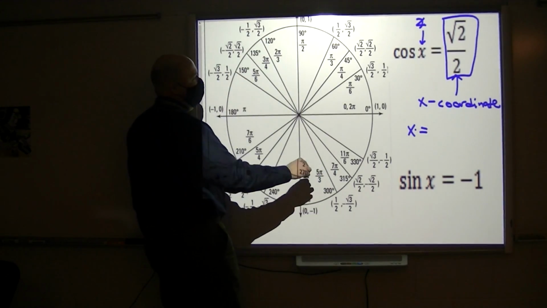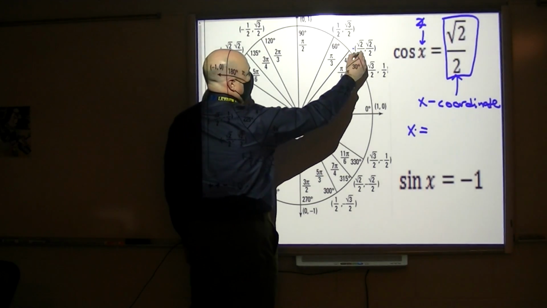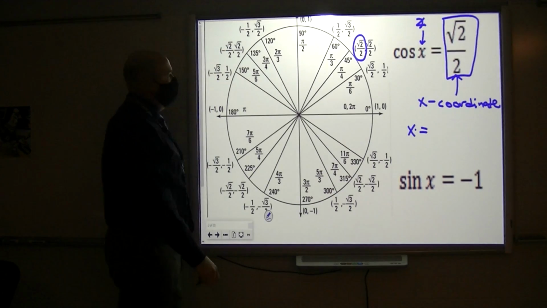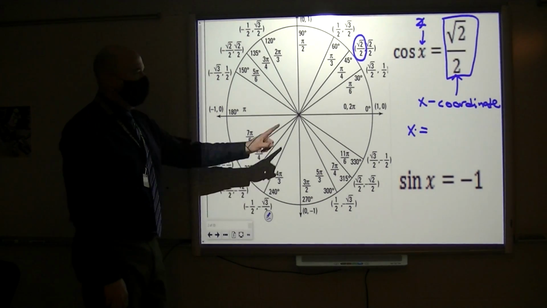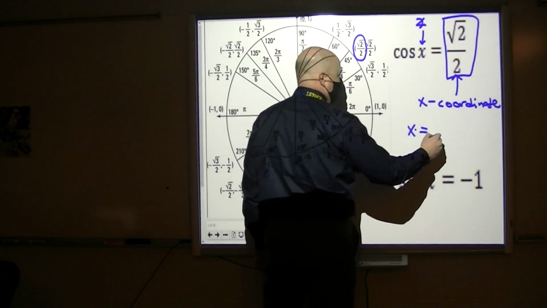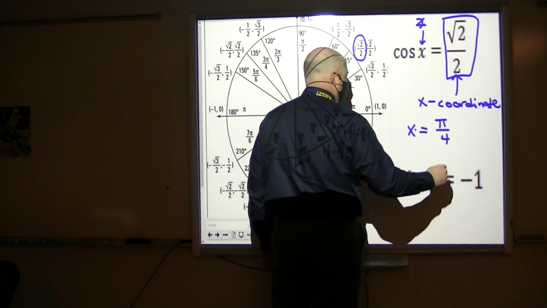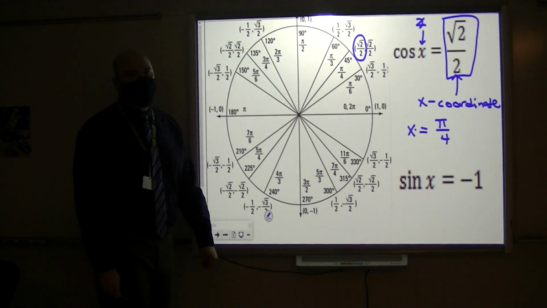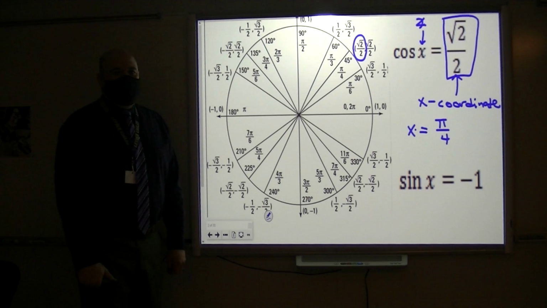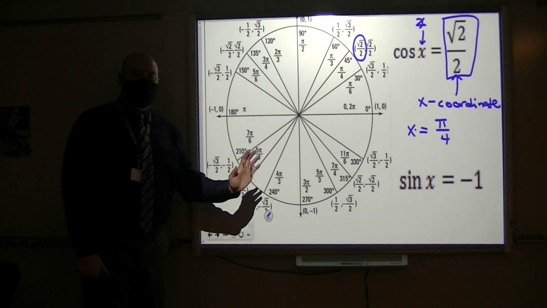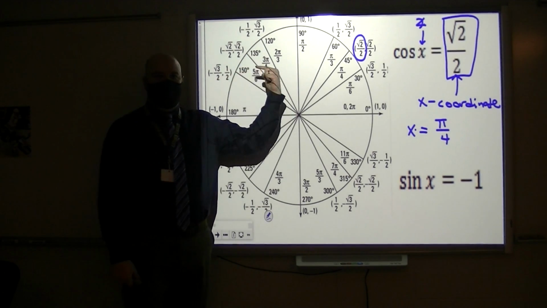Look at all these values. Look at all the x's. Here. Radical 2 over 2. So one of our answers is, and we're going to plug this in as a radian measurement, pi over 4. Now I don't want to jump too far ahead, but I'm not even going to go over here.